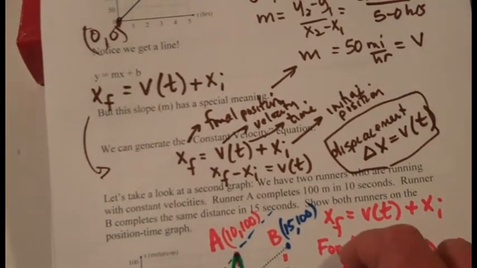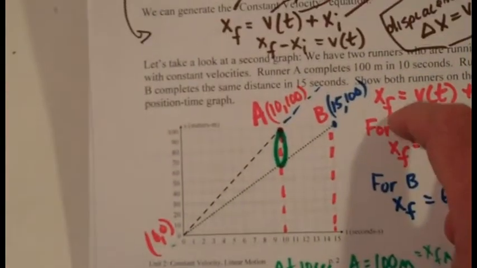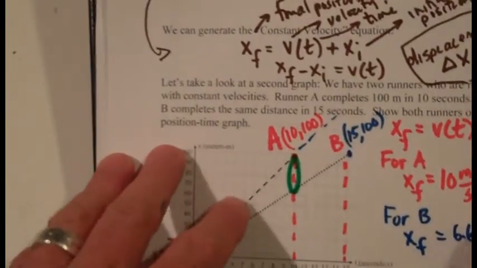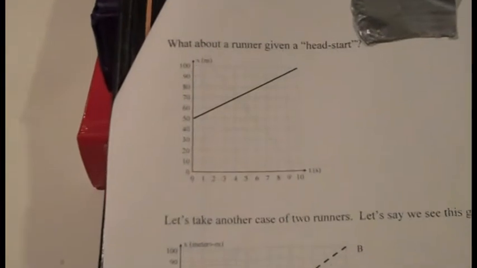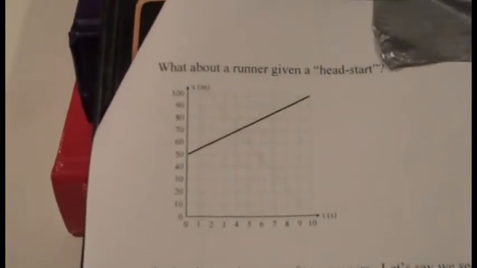Now, we can show more than one object on a graph. In this case, we've got 2 runners, and we talked about that a little bit. That really sets the stage for page 3. I'm going to tape mine down a little bit and then scroll back up. We don't always have objects starting at the origin. We could have an object that starts in front of a reference point.